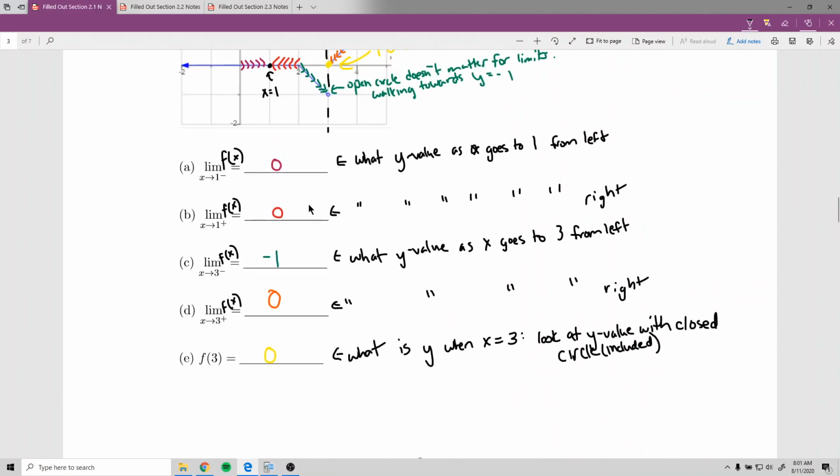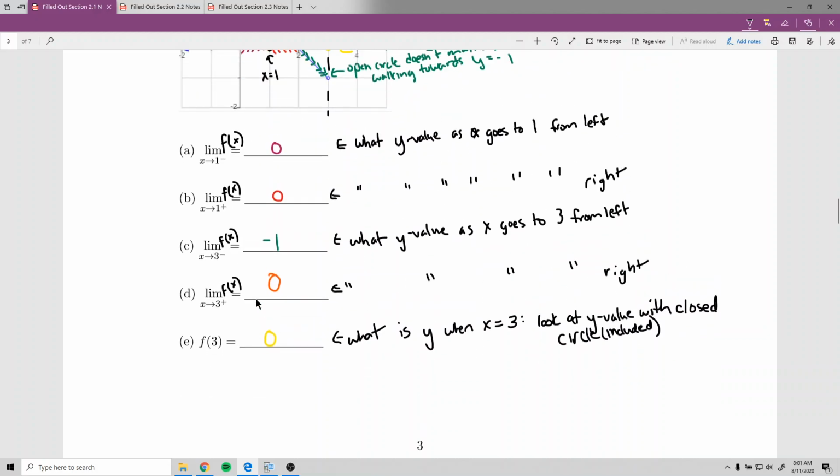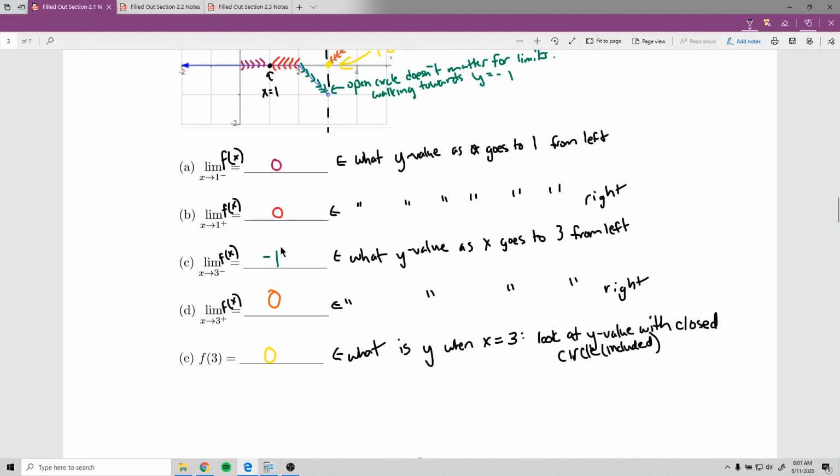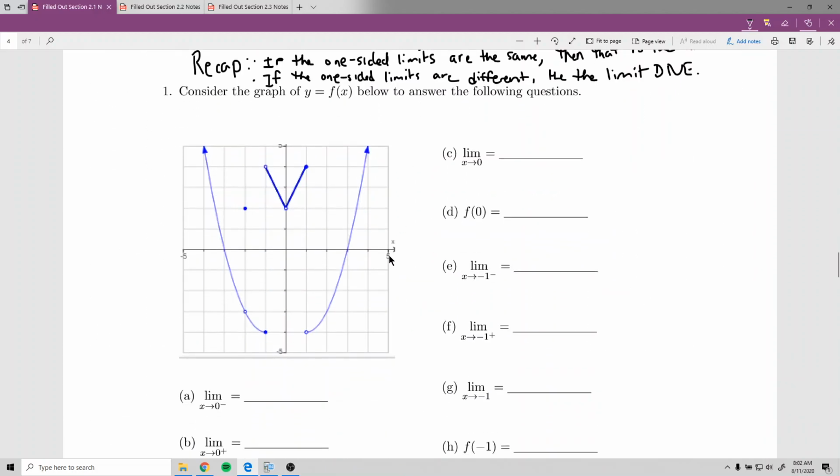So just to go back to our previous problem, if we were talking about just the limit, not the one-sided limit, we would say the limit is 0 at x equals 1. Since they are the same, we would say the limit at x equals 3 does not exist because the one-sided limits are different. Okay, but we'll practice this again.